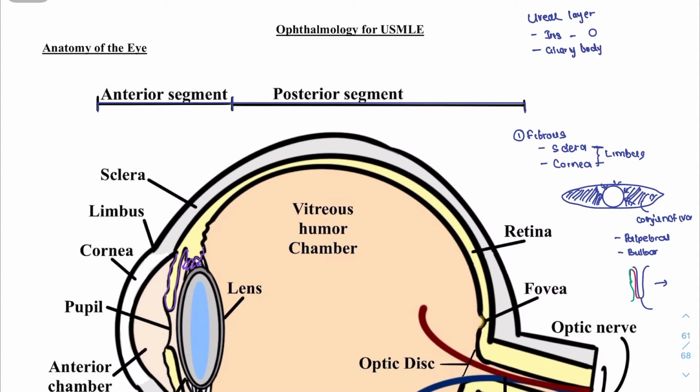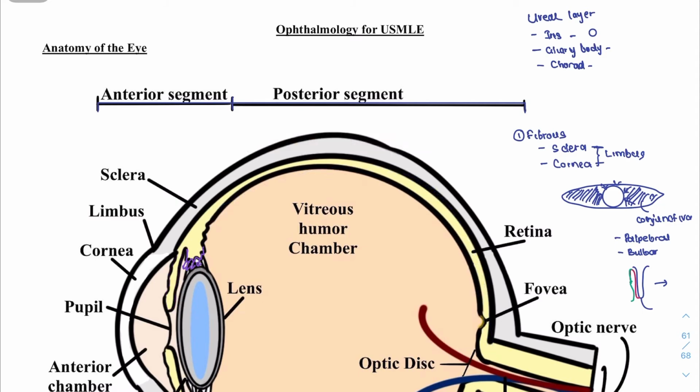It is important for changing the shape of the lens, for the function of producing aqueous fluid, and for holding the lens in its place. Ciliary body and the choroid. So the choroid supplies, this region is the choroid, and it supplies nutrition to this area.